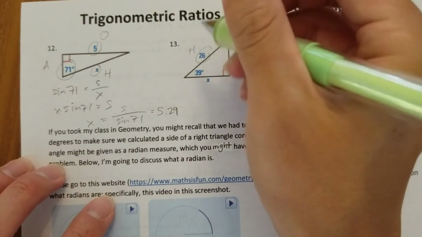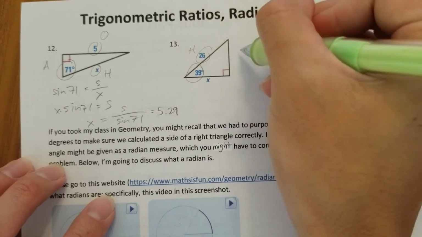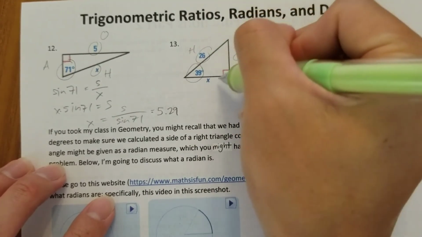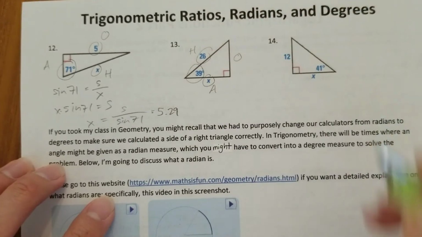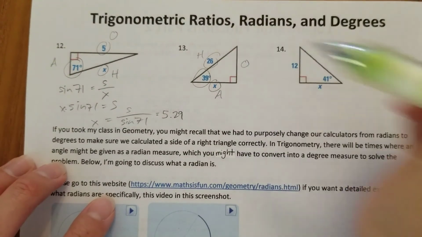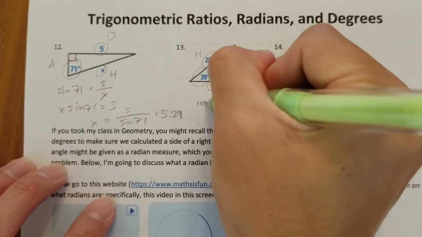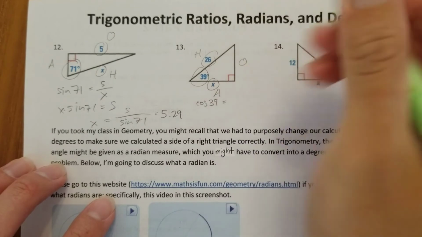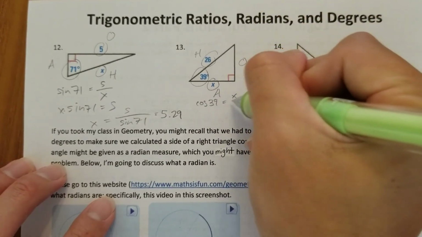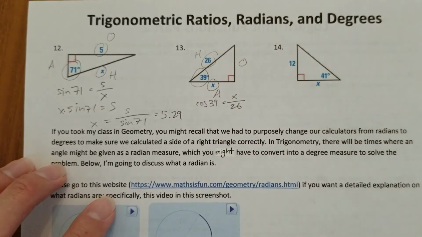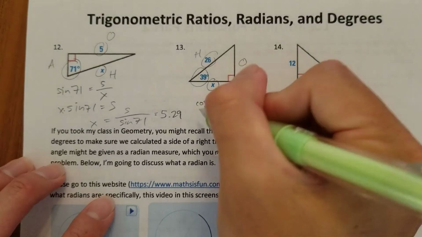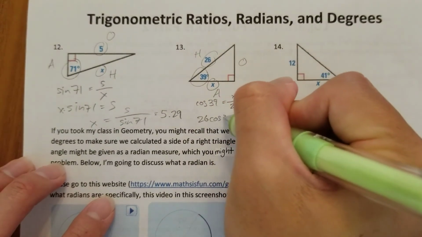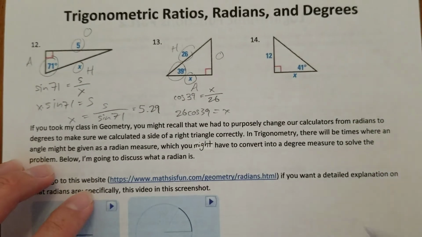Okay. Next one. The long side is the hypotenuse. The other two sides depend on which angle you're focusing on. Pick one angle and look. There's one side that's the opposite, and you can clearly see that there's an adjacent side. So adjacent and hypotenuse are used. Cosine of 39 equals the adjacent side divided by the hypotenuse. Multiply both sides by 26. 26 times cosine of 39 equals x.